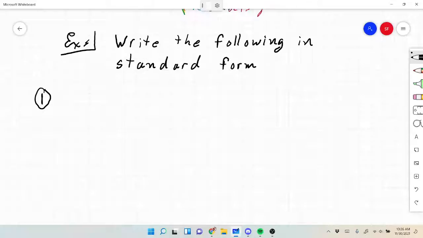Okay, so first example is going to be 2y equals 3x minus 7. We are in Unit 3 by the way. So we want to write this in standard form.